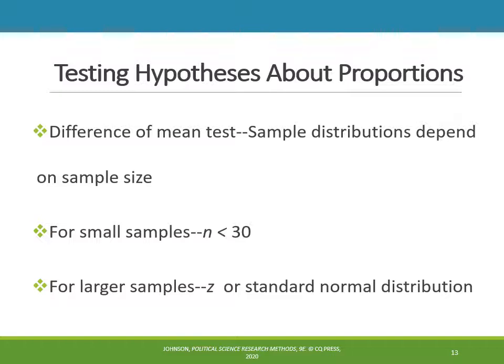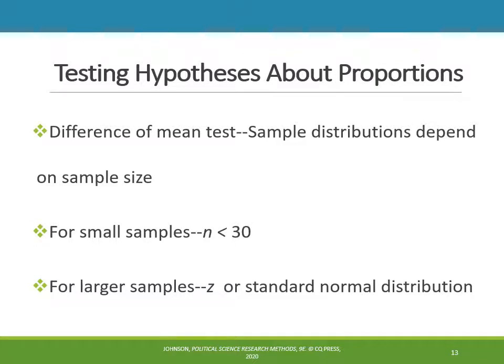One form of means test that we see is testing hypotheses about proportions, and that's kind of like testing along the lines of ratios and fractions. We use the same formulas that we use for our other difference of means tests. So if we have a smaller sample where N is less than 30, then we're going to use a T test to determine that.